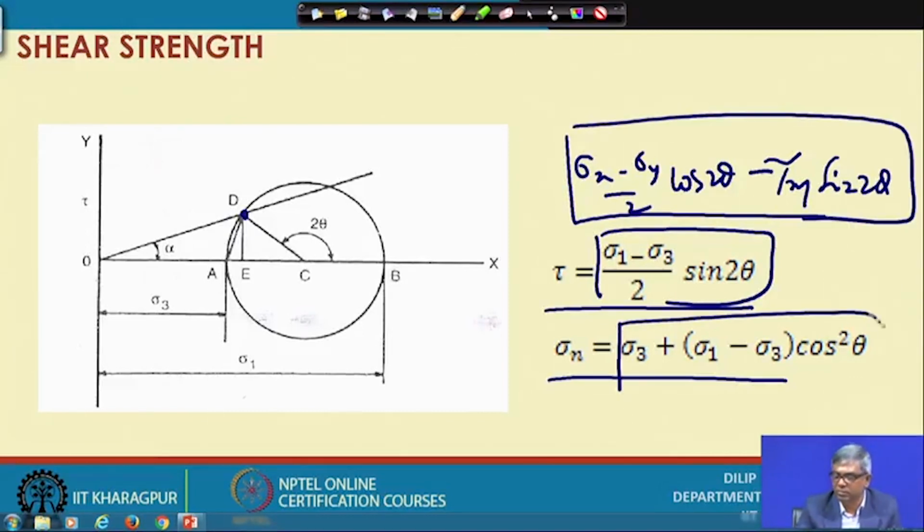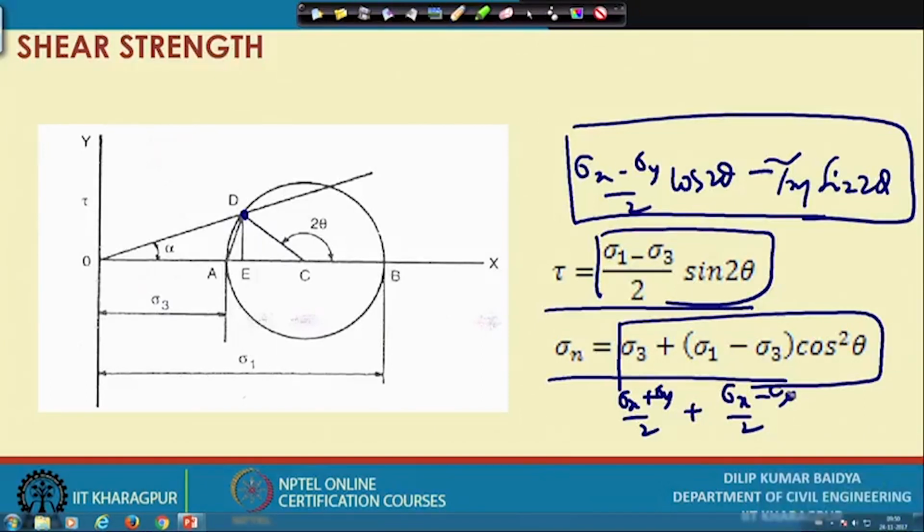Similarly, this is the initial form we have got by considering equilibrium. This is also another form: sigma x plus sigma y by 2 plus sigma x minus sigma y by 2 cos 2 theta minus tau x y sin 2 theta.